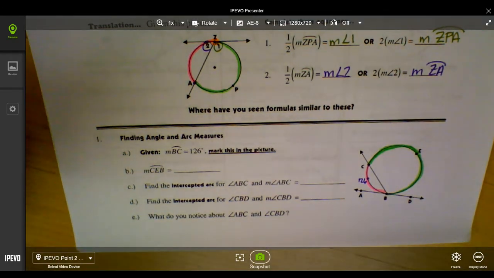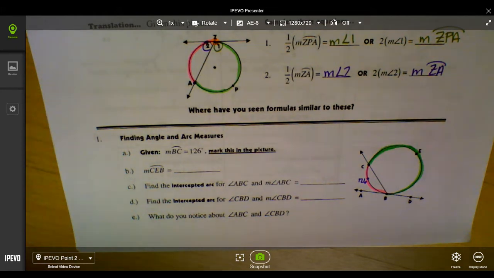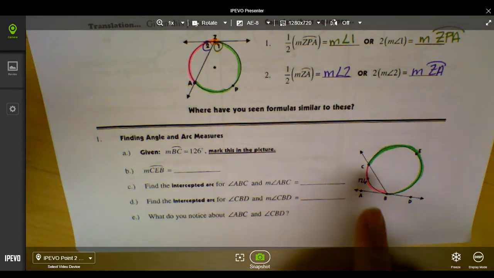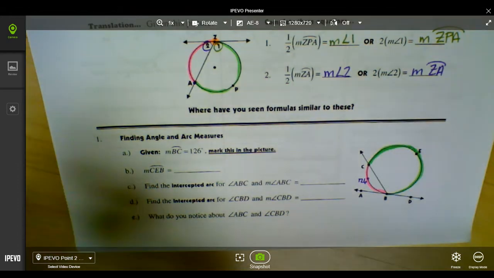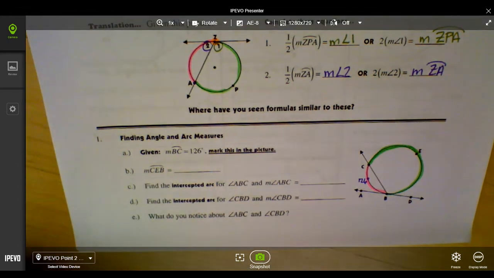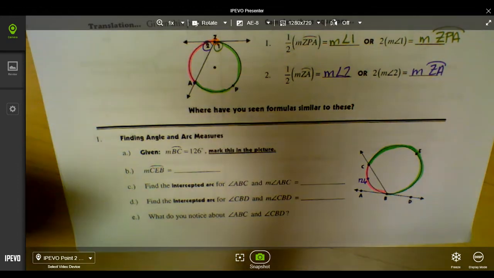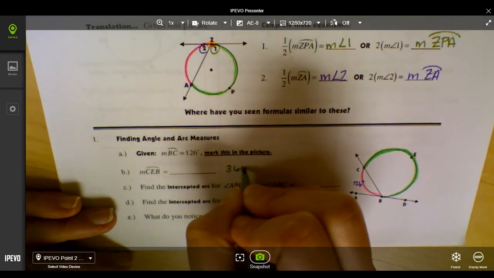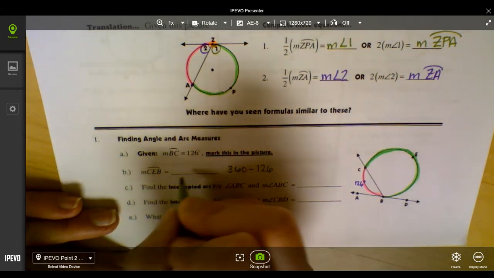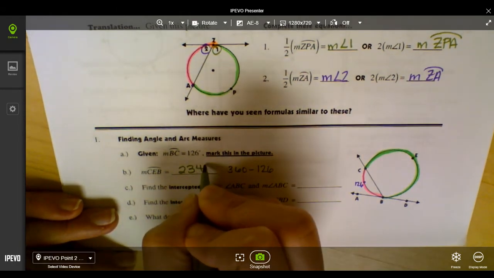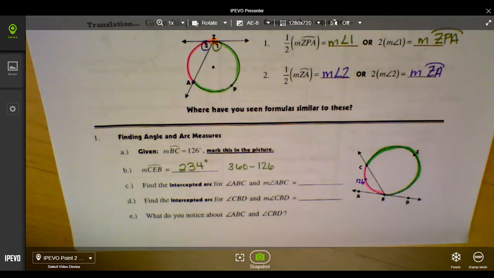What did I not highlight in this circle? I highlighted the whole thing. If I know that just this little tiny arc is 126 degrees, I know that the whole circle is 360. So to figure out the rest of it, I have to do 360 minus 126, and that's going to give me the measure of that major arc, which is 234 degrees.